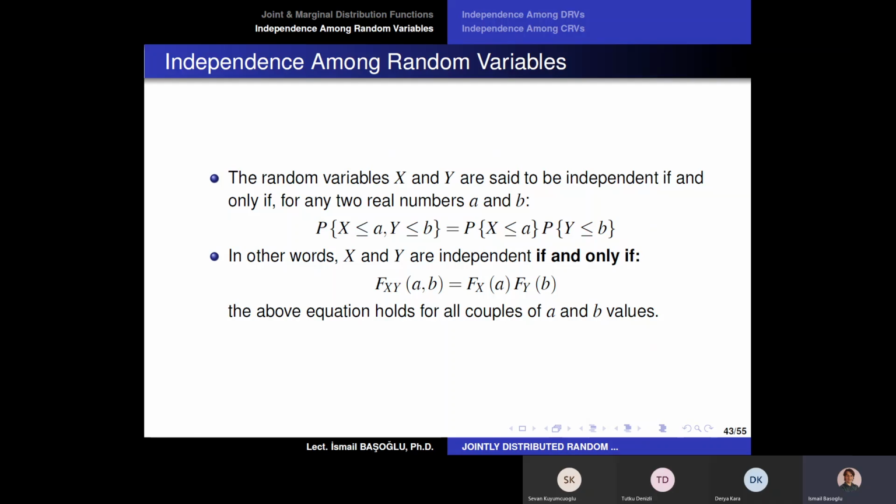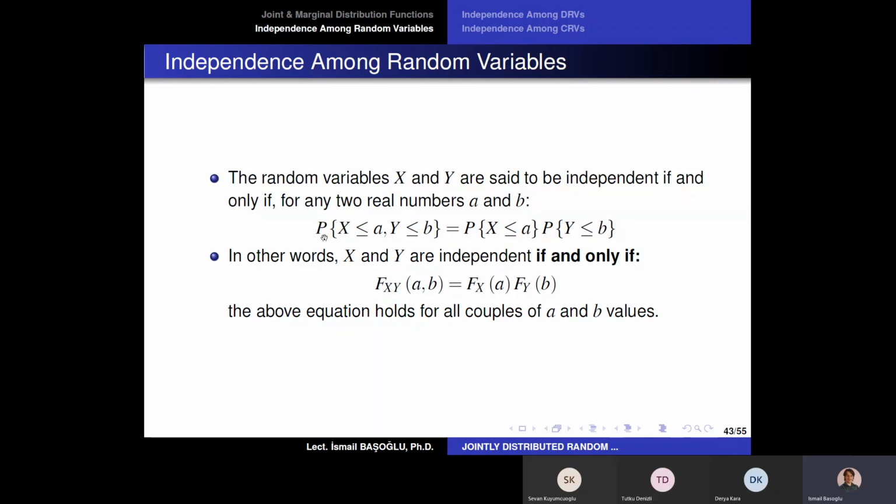So when are two random variables independent from each other? We have two random variables, x and y. X and y are said to be independent if and only if for any two real numbers a and b, the probability of x being less than or equal to a intersection y being less than or equal to b is equal to the product of the individual probabilities: the probability of x being less than or equal to a times the probability of y being less than or equal to b.